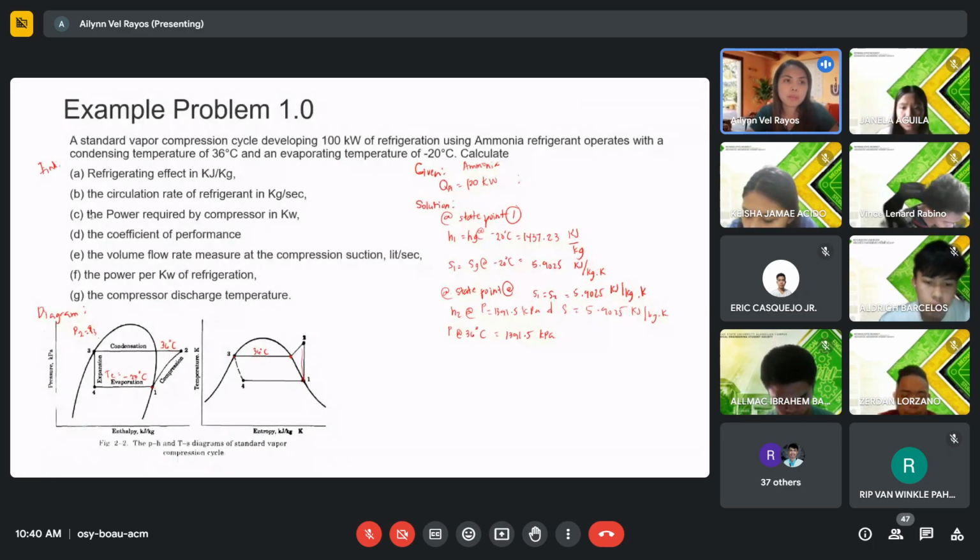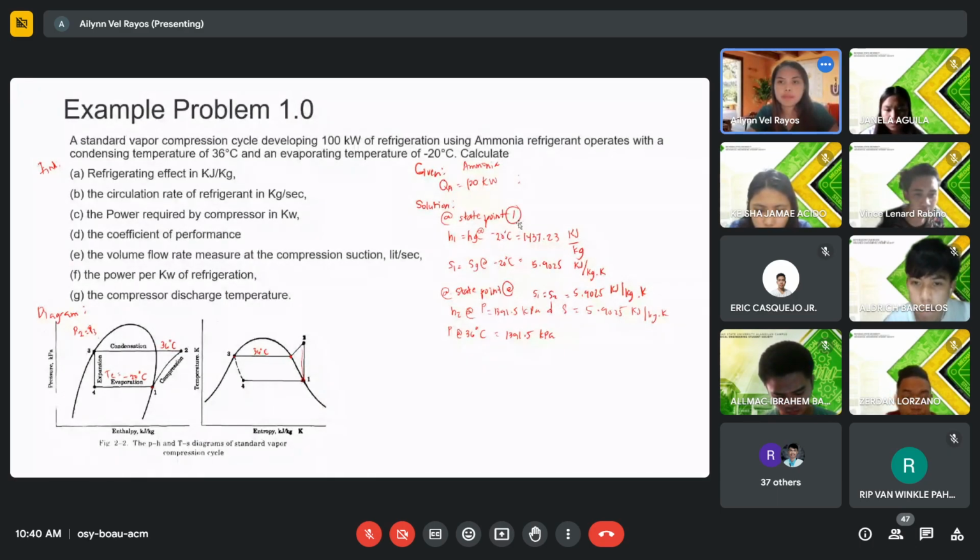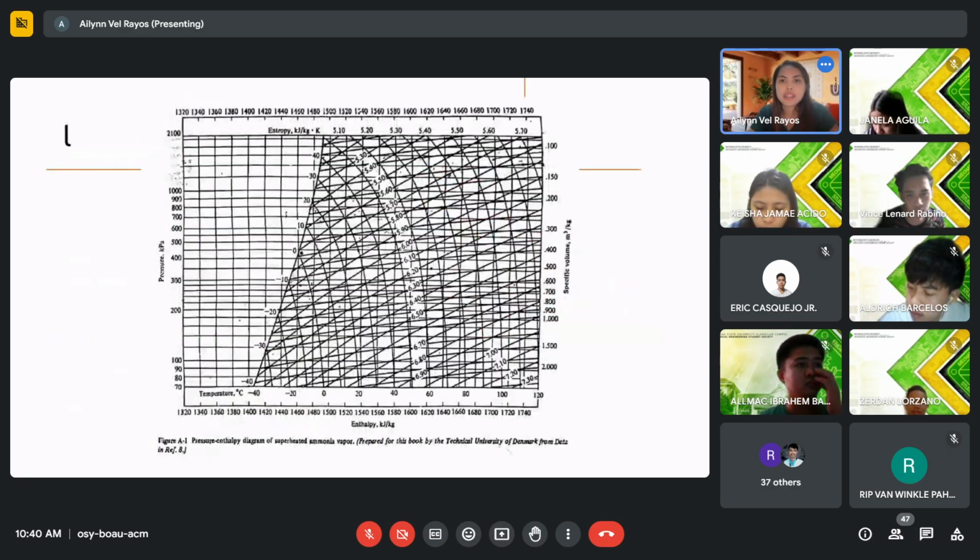Kasi, kung mapapansin nyo, hindi kasi siya tuwid. Kasi picture lang to.